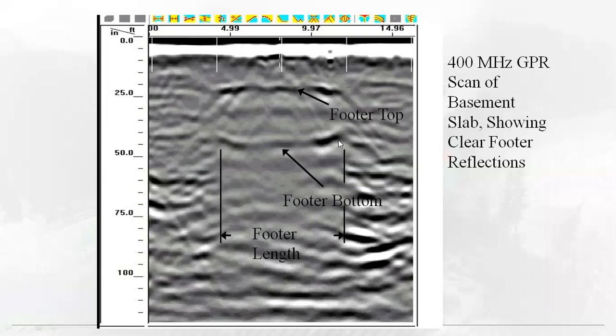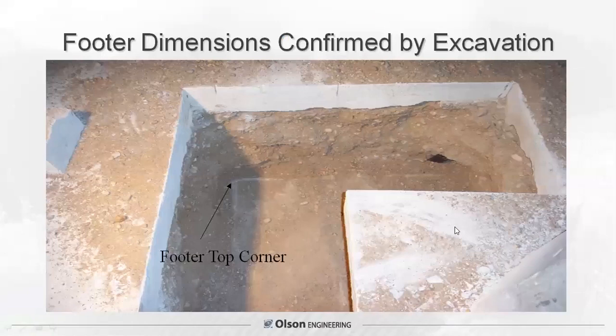Then at around 4 feet deep, there's a footer bottom. The footer length is evident here from the top scale. And this particular one was nice. They actually then went in and saw cut down to verify this. And sure enough, it was about 2 feet deep, and the dimensions matched up really well with the GPR data for this buried footer.